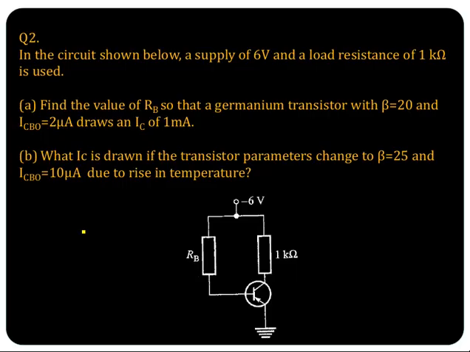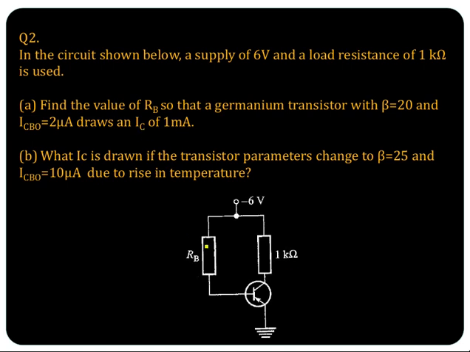this question you can see has two parts. This circuit is shown with a supply of 6 volts. Since this is a PNP transistor, this will be minus 6 volt. And the load resistance RC is given as 1 kilo ohm.